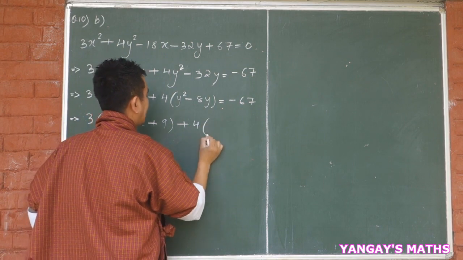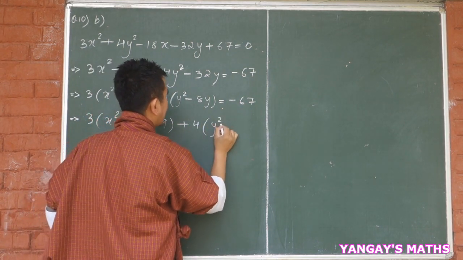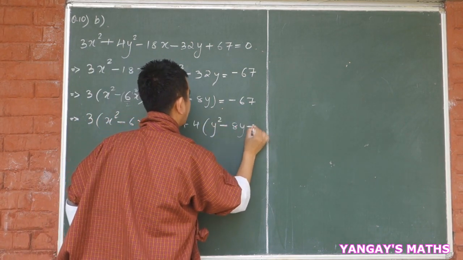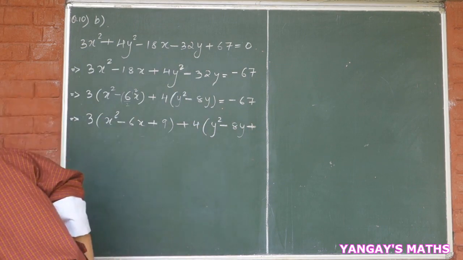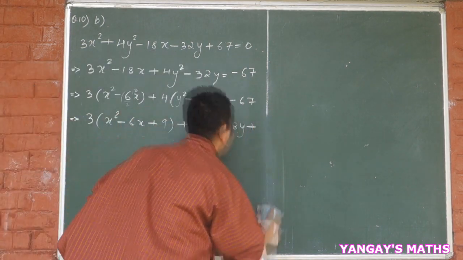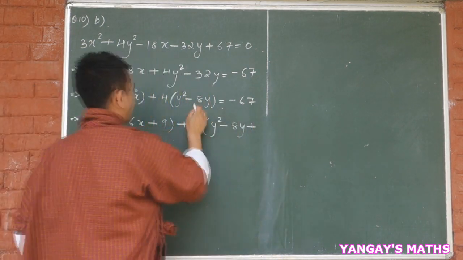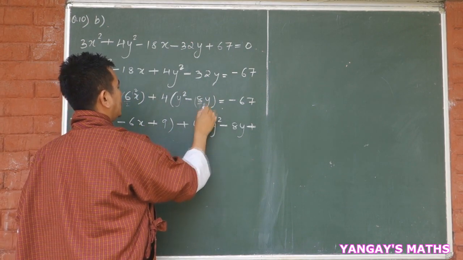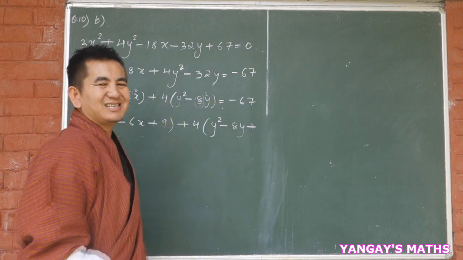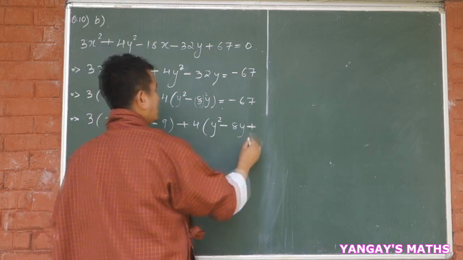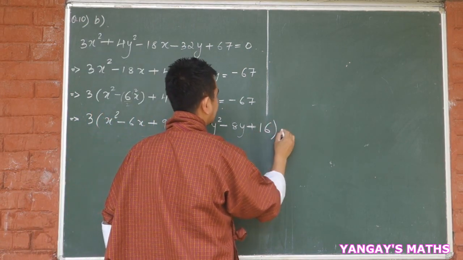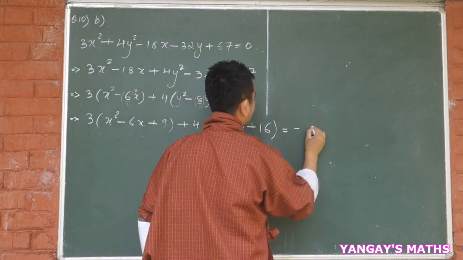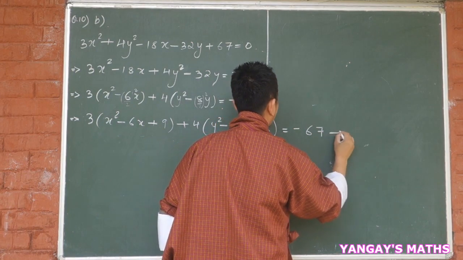Plus 4 times y square minus 8y plus, 8 divided by 2 and square it. What's the answer? 16, isn't it? So 16, close bracket, is equivalent to negative 67 plus.